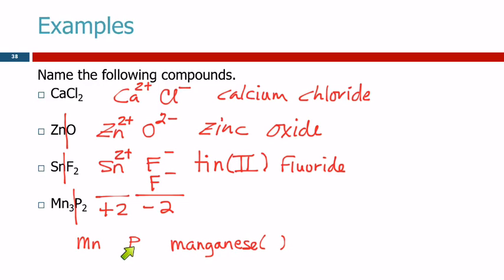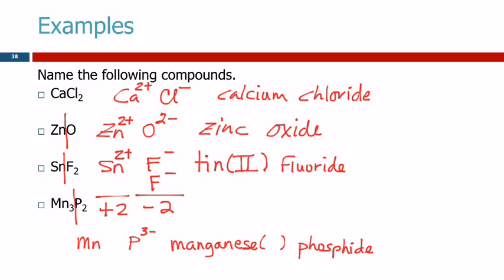And then P. Well, what kind of an ion does phosphorus make? Three minus. It's a nonmetal. And so phosphorus, we change the ending of its name, becomes phosphide. So there we have most of the name.